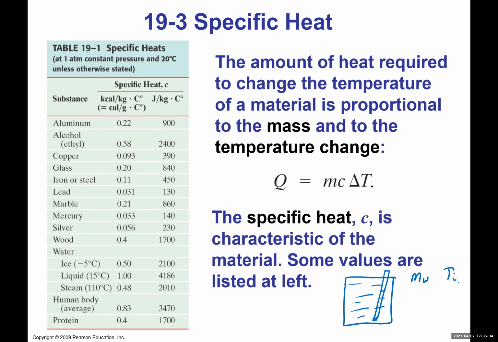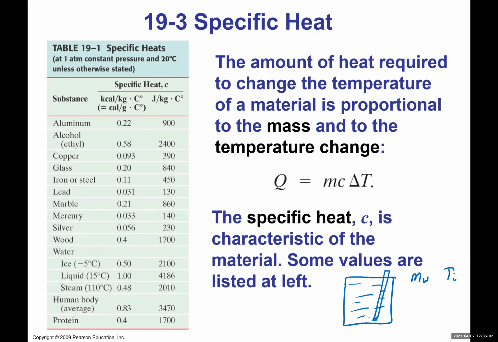Then if I want my water to increase or decrease in temperature, so basically have some change in temperature, what I need to do, as we learned, is to add heat or remove heat. Basically, we need to transfer energy into the system or out of the system in order to have a change in temperature.